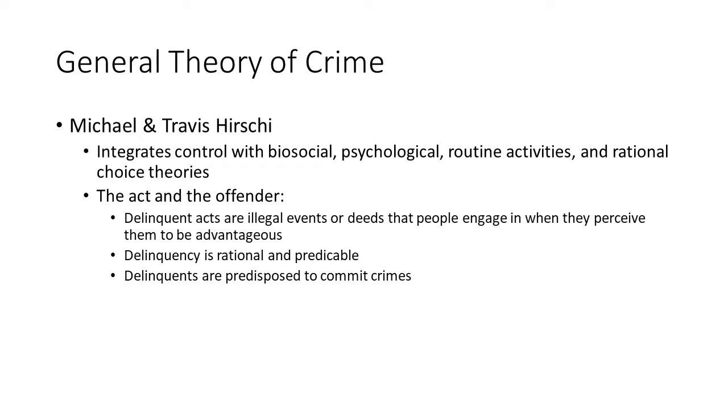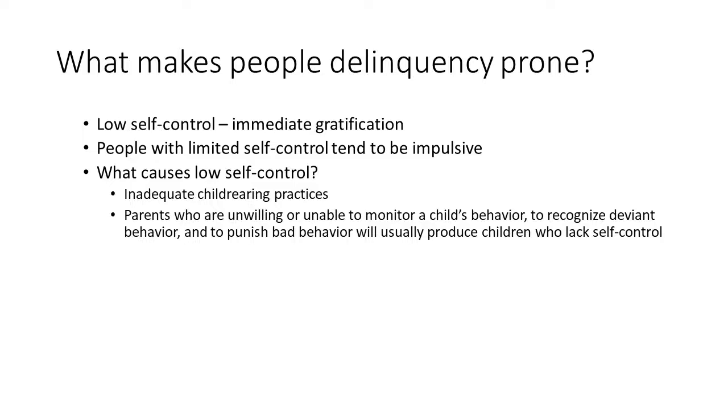On the other hand, delinquent offenders are individuals who are predisposed to commit crime. This predisposition remains constant over time, but the opportunity changes. The key element to the general theory of crime is that individuals vary in their tendency to commit crimes. So the question is, what makes people delinquent prone? And this is based on an individual's self-control.